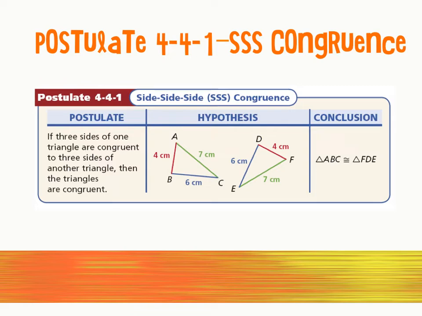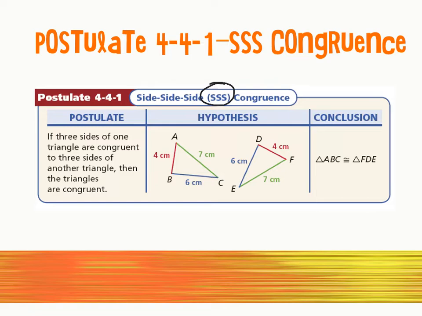So we're going to come to our first postulate, side, side, side, which is SSS. That's what the SSS stands for, side, side, side. If 3 sides of one triangle are congruent to 3 sides of another triangle, then the triangles are congruent.